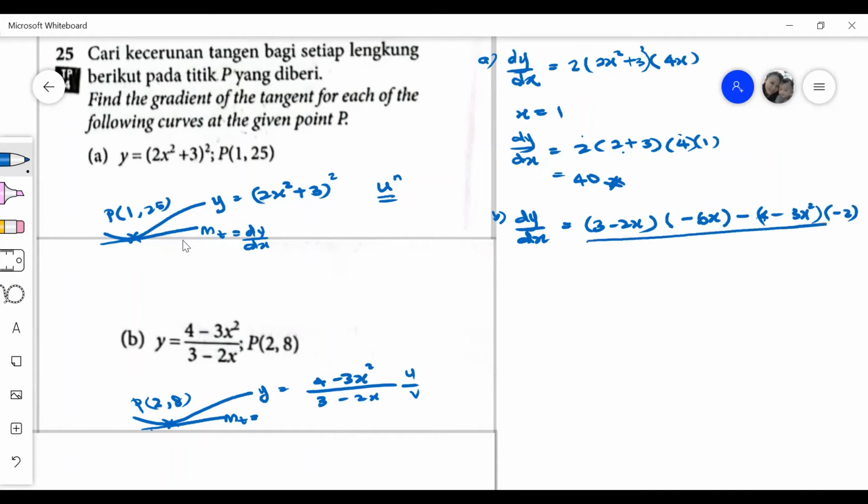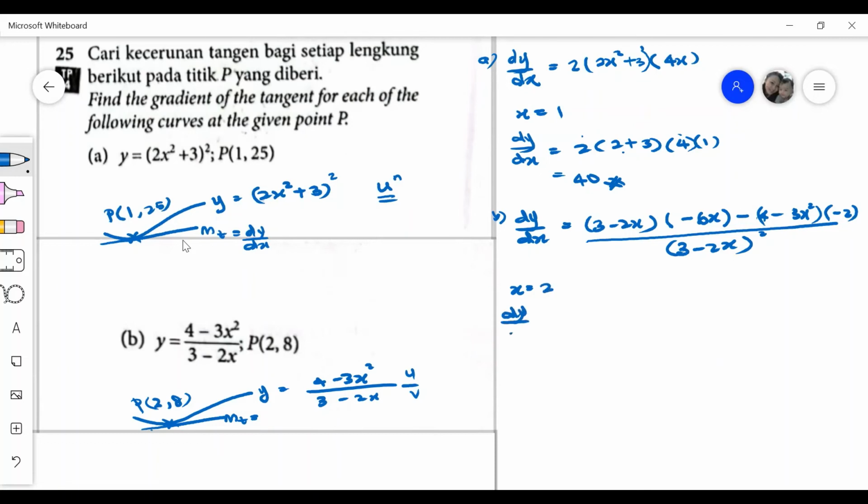And don't forget to put it over v squared, (3 minus 2x) squared. Now, if we were to find the gradient function, we should factorize this. But since we are looking for the specific value of the gradient, we can just substitute the x value in. The x coordinate of the point that we pass through is x equals 2.